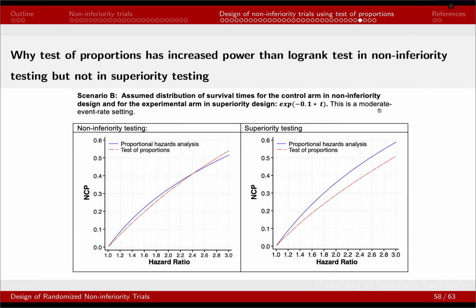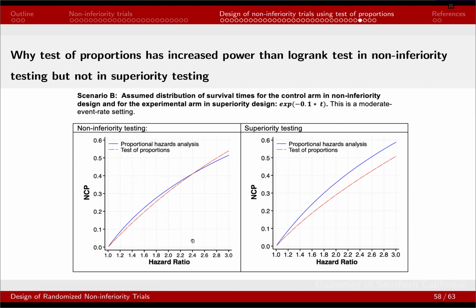We also looked at a moderate event rate setting. In this setting, the lambda parameter is set at 0.1. And then in this moderate event setting, we can see that the non-centrality parameter for test of proportions in the non-inferiority testing is only above the blue curve when the hazard ratio margin is large.